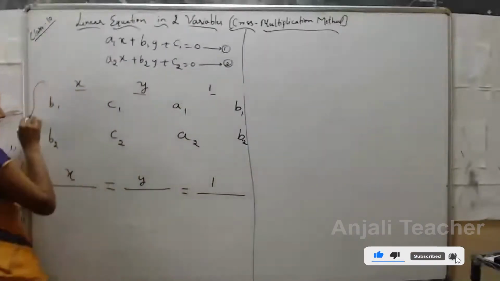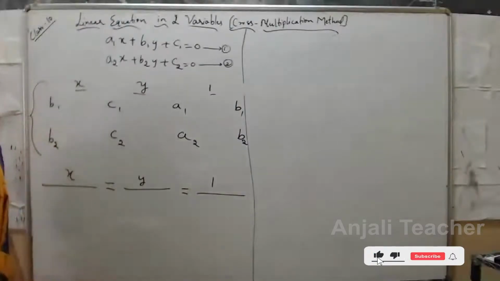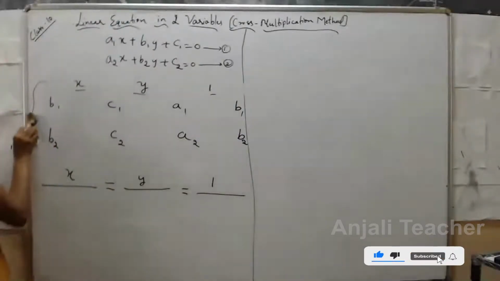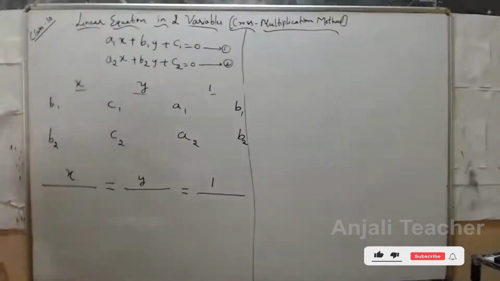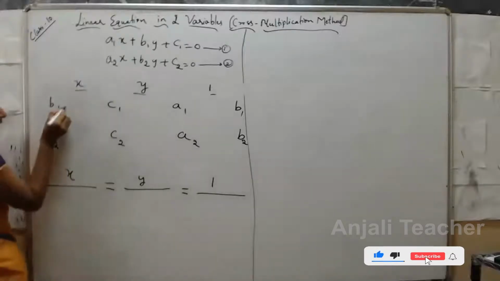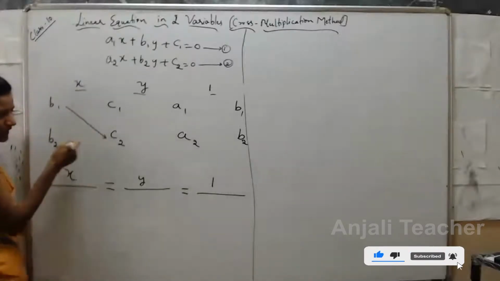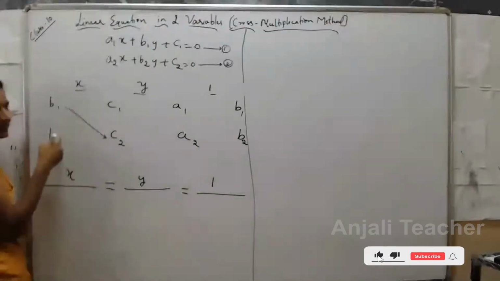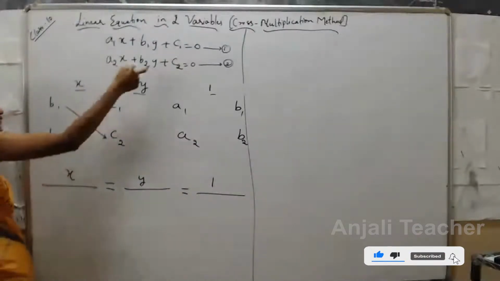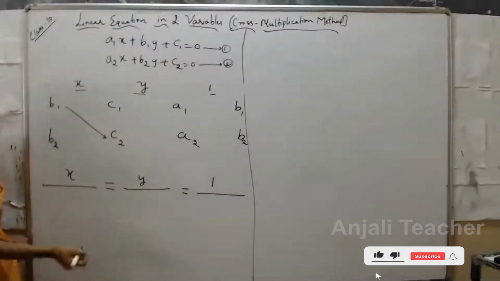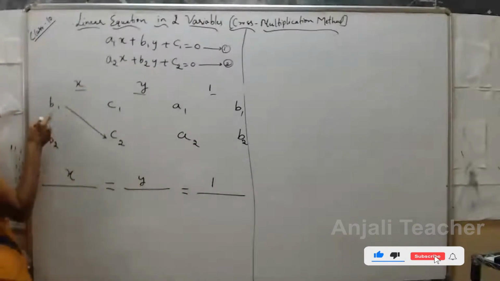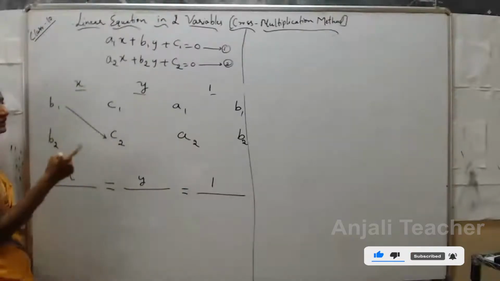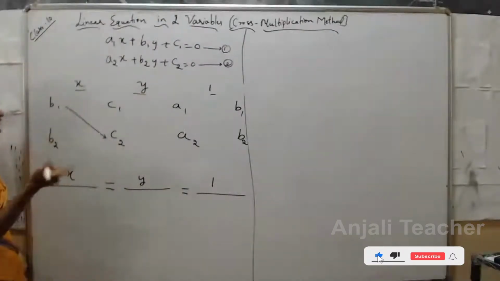Understood? Cross multiplication method means we are crossing some elements. We are crossing the coefficients of x, y and the constant also.